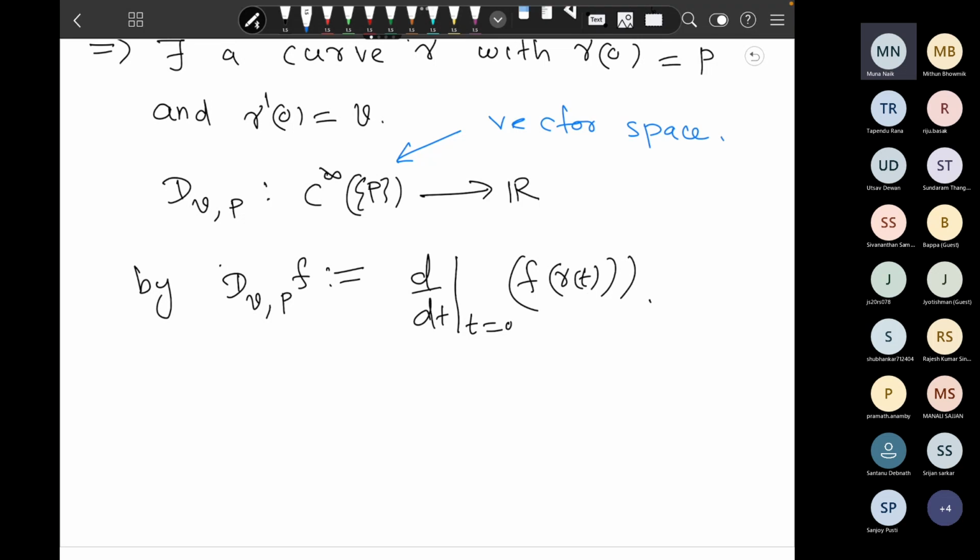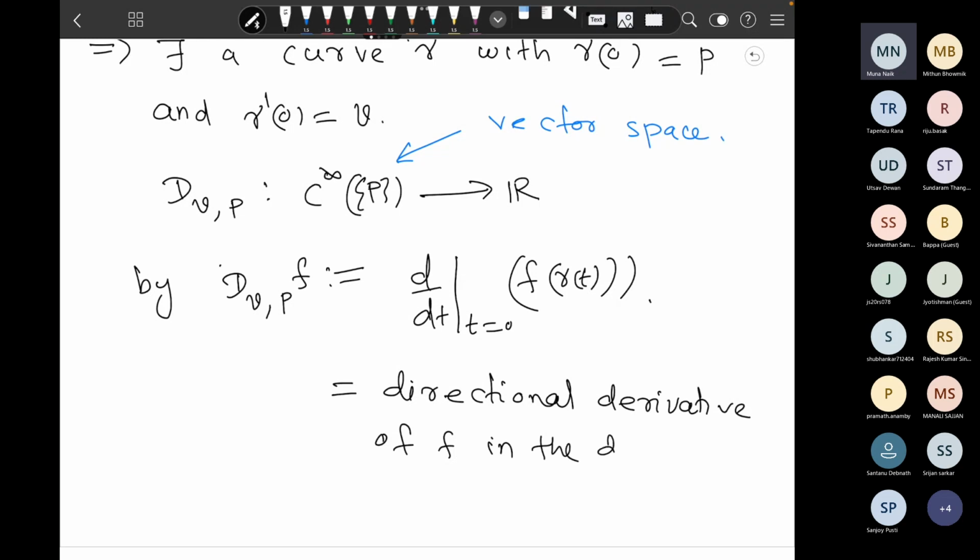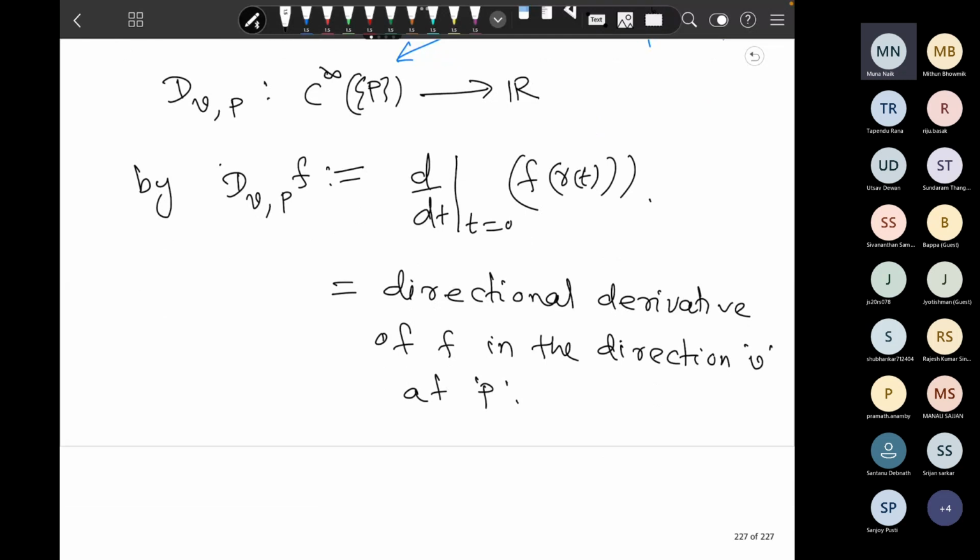So D_{v,p}(f) is actually nothing but the directional derivative of f in the direction v at p. And you know that the directional derivative only depends upon gamma prime(0).